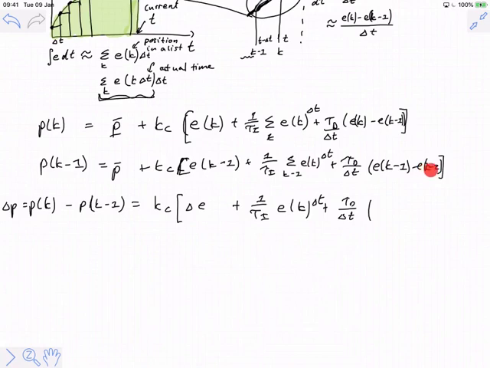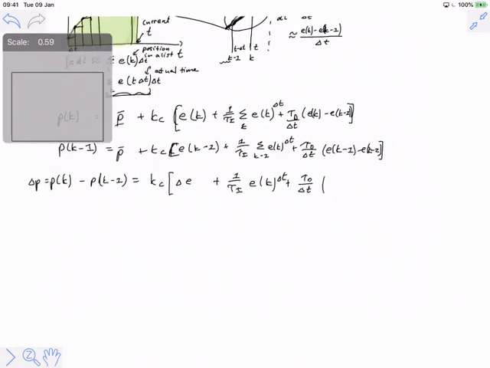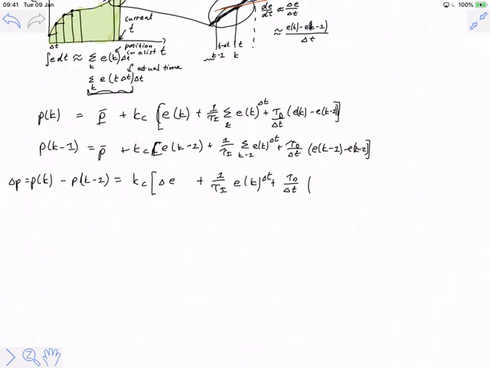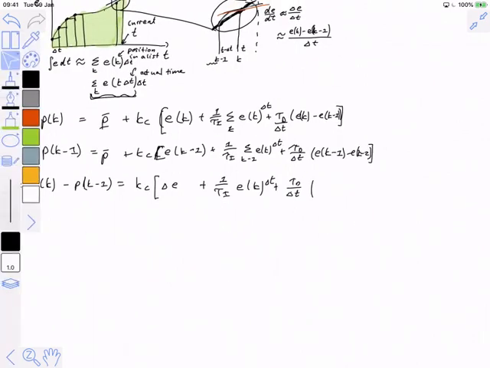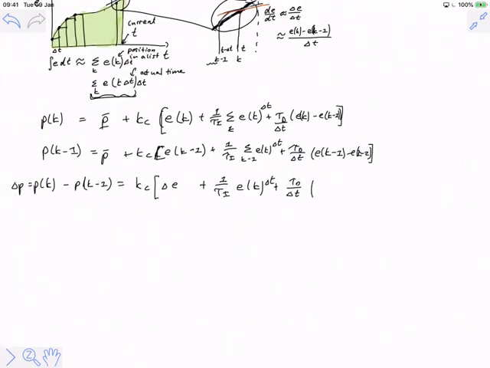And then you have this e_k-2 term, but that had a minus, and you're subtracting it, so that becomes a plus. And so you end up with the full expression. You have 1 e_k minus 2 e_k-1 plus e_k-2.